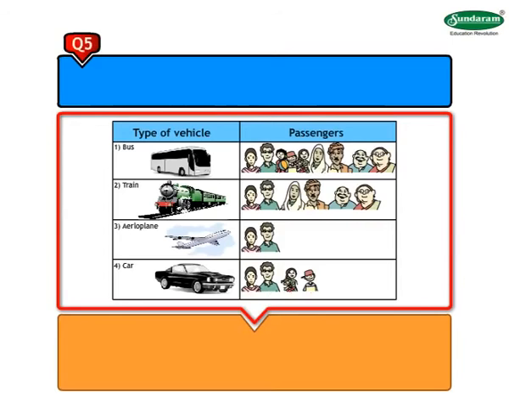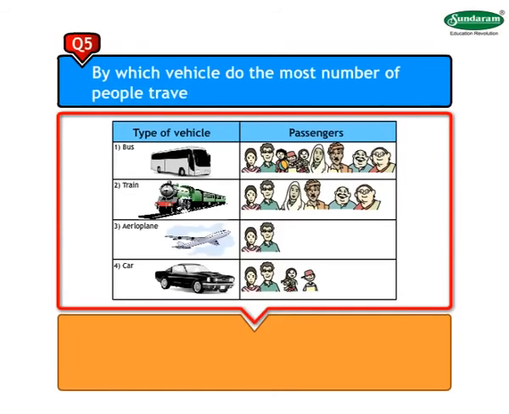Question 5. By which vehicle do the most number of people travel? Solution. Total number of people traveling by bus is equal to 9. Total number of people traveling by train is equal to 6. Total number of people traveling by aeroplane is equal to 2.